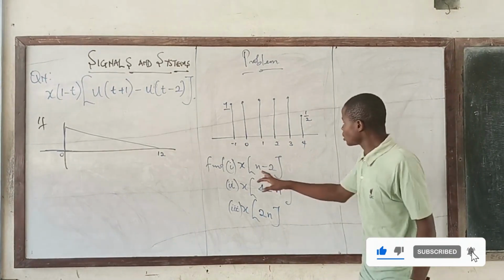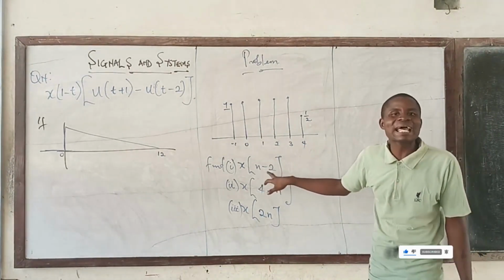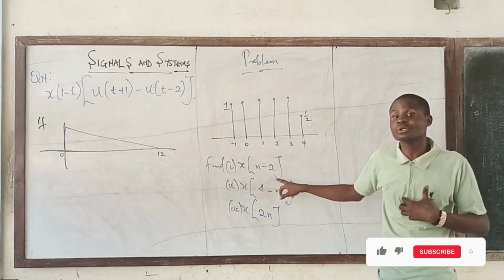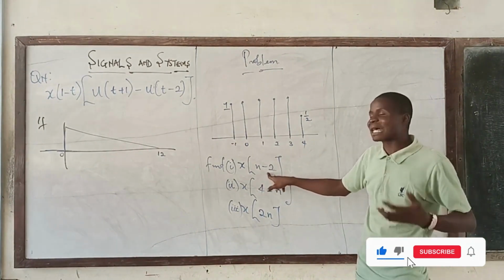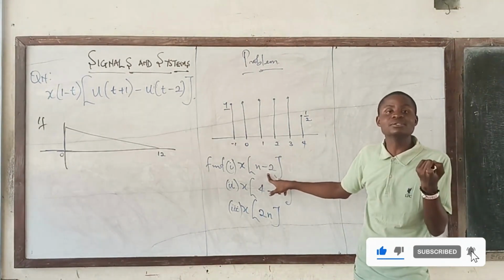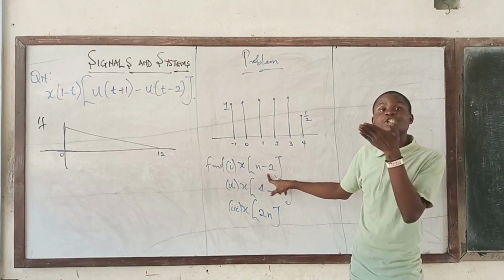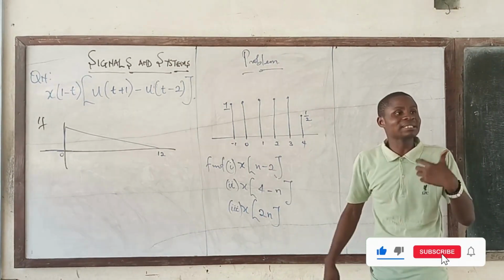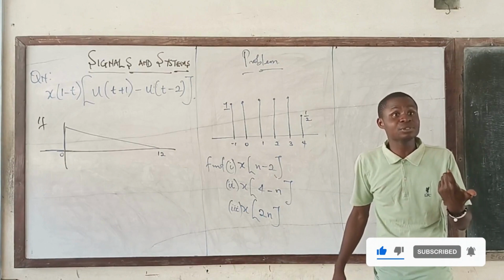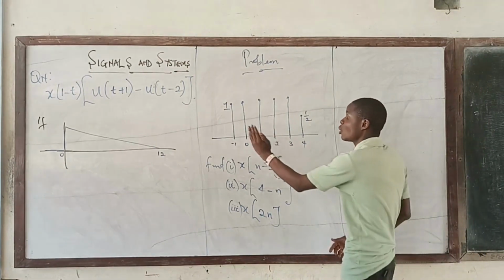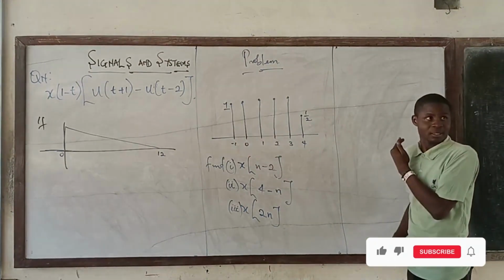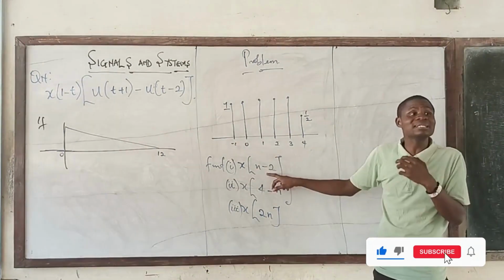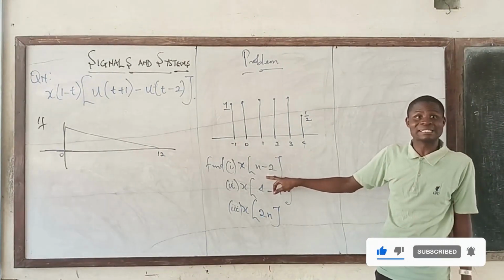Now, we want to do x[n minus 2]. What x[n minus 2] is communicating to you is that we are going to be doing time shifting. By -2, I am going to shift this whole signal to the right, because this is going to be delaying the signal.